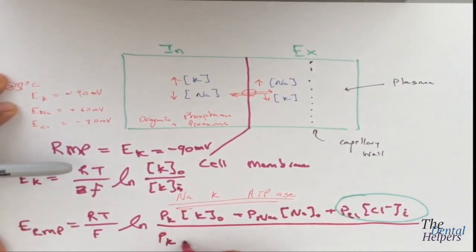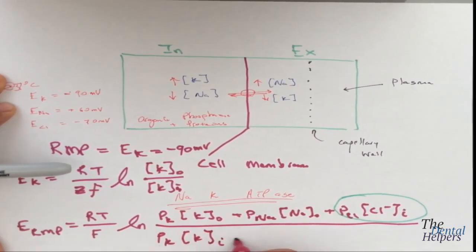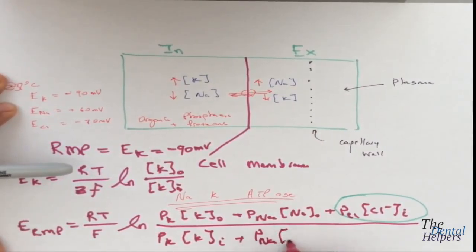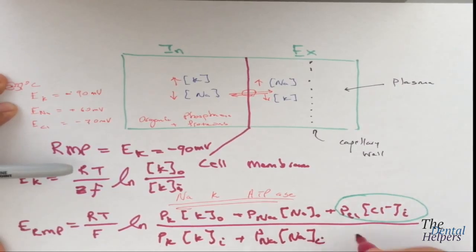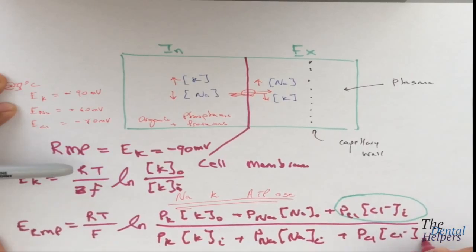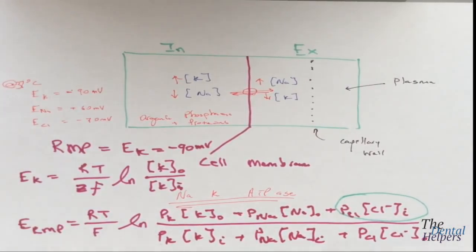So we have, again, potassium, sodium, and now when we're looking at the chloride ions, we're using the final value. And so this Goldman equation allows us to calculate what the resting membrane potential is, looking at the different ions themselves. So it's a very important equation and allows us to really understand what's going on.